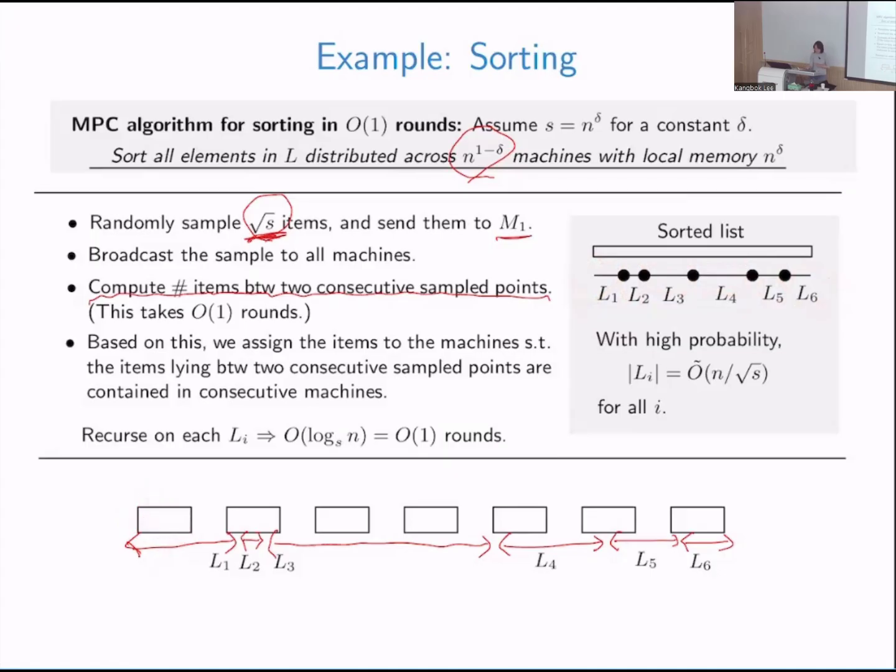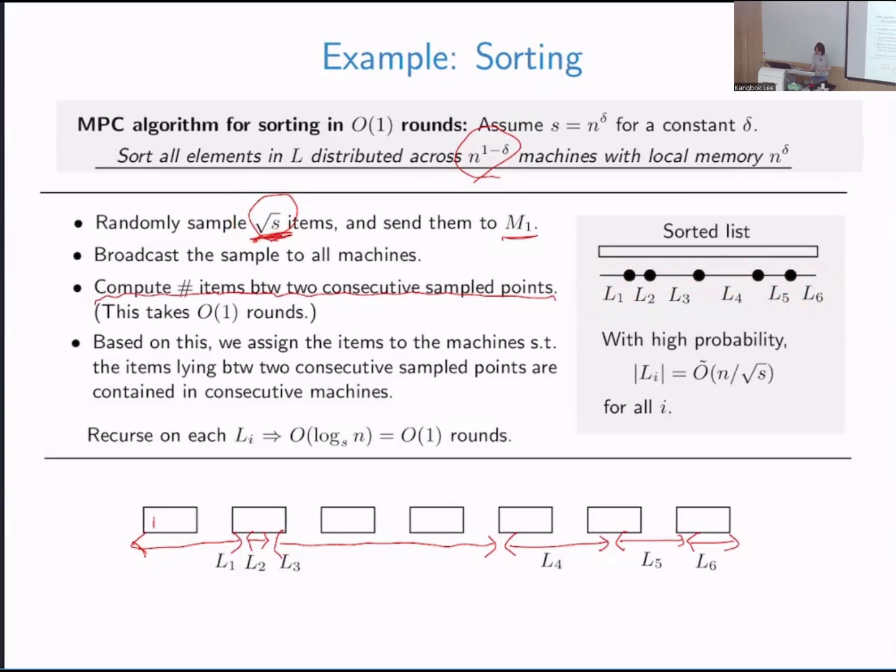And we have root S pivots. So we can determine for each element whether it is contained in Li. We can determine the index of the sublist where this point is contained.